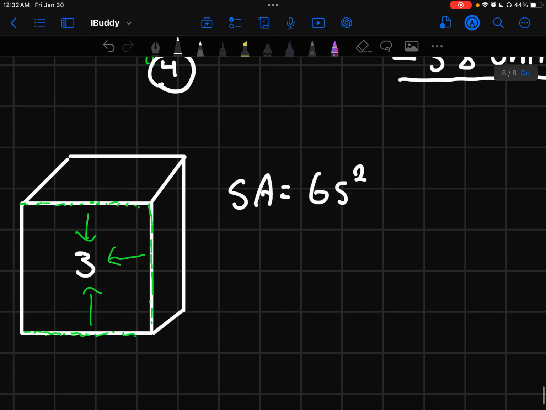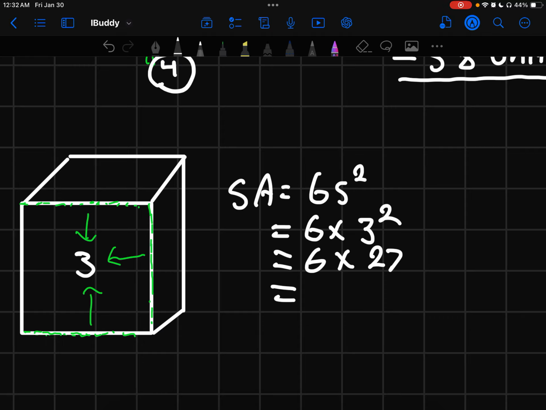And now its surface area for this is 6 times the side, which is 3, and then square that, which is equal to 6 times 27, which is equal to 162 units squared.